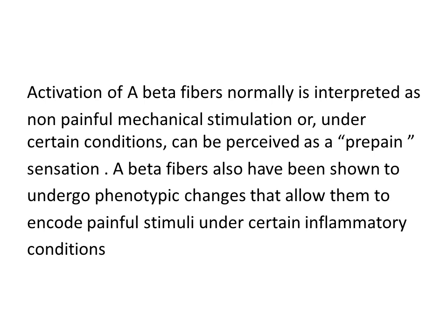Sometimes in diagnosis, when you do percussion, the patient can tell you that there is a feeling of pre-pain. It's the alpha beta fibers, which are present in the periodontal ligaments. So the alpha beta fibers undergo a phenotypic change that allows them to encode painful stimuli under certain inflammatory conditions.